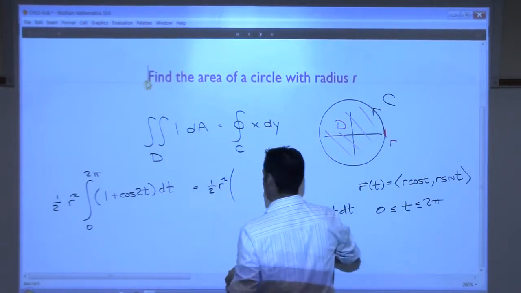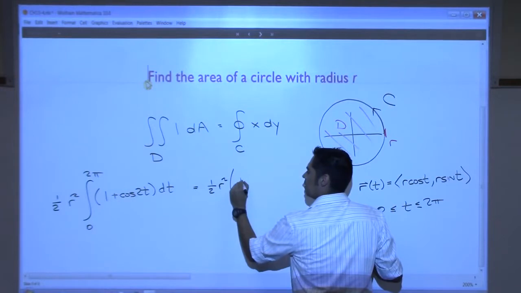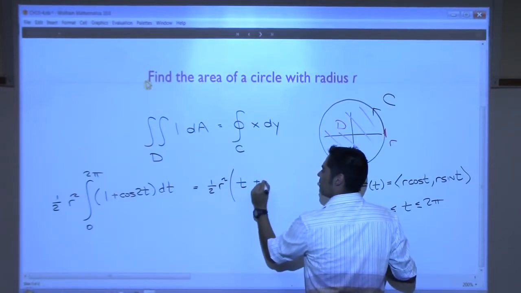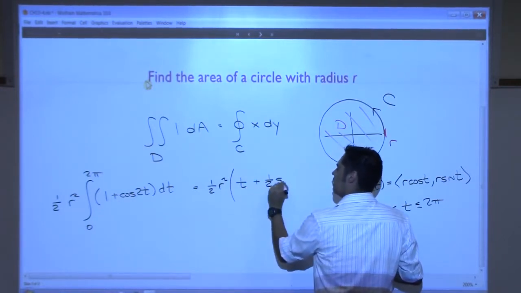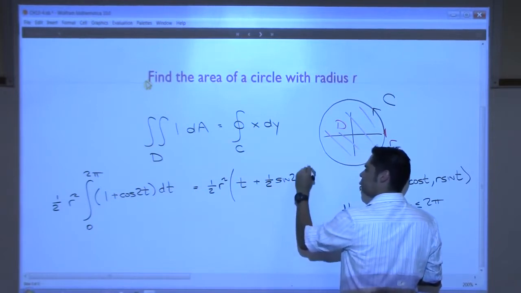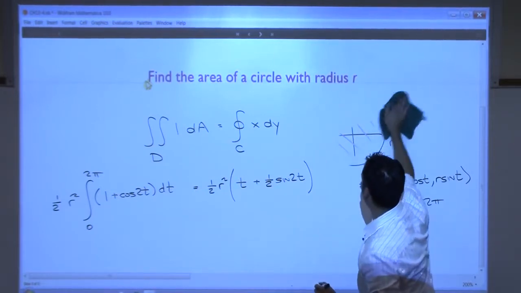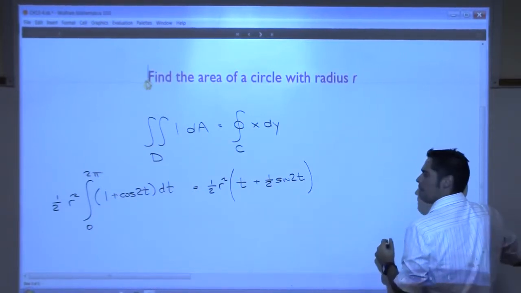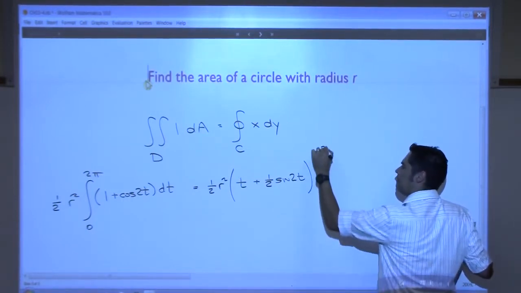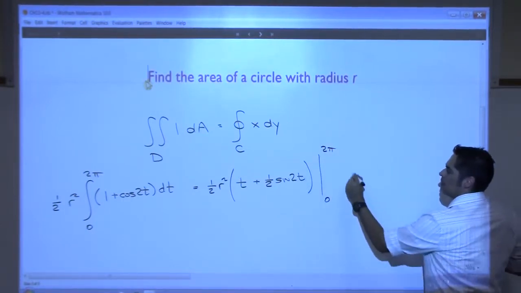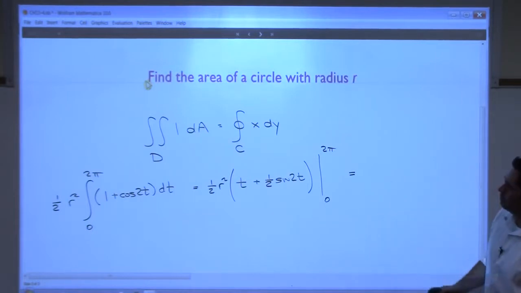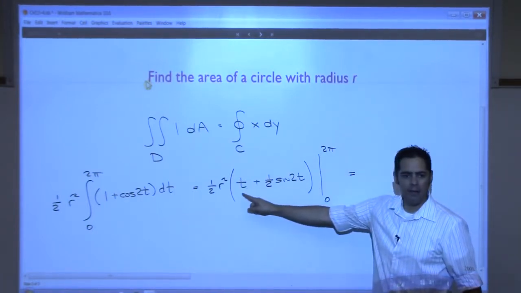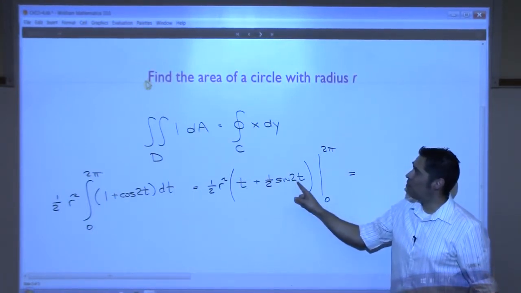antiderivative. So what is the antiderivative of that? T plus 1/2 sine 2t. Evaluate that where? 0 to 2 pi. Okay, plug in 2 pi. What's sine of 2 times 2 pi, which is 4 pi?